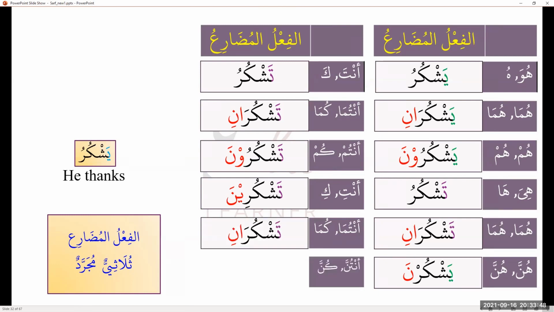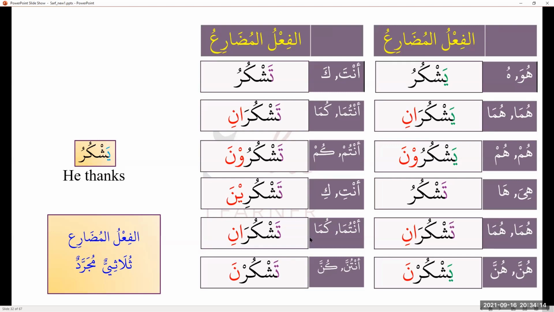Again, Tashkurani. What could be the Antunna version of this? Tashkurna. So see, Hunna and Antunna are similar. Both of them are taking na as a suffix. But here it is ya for the Hunna version, and it is ta for the Antunna version.